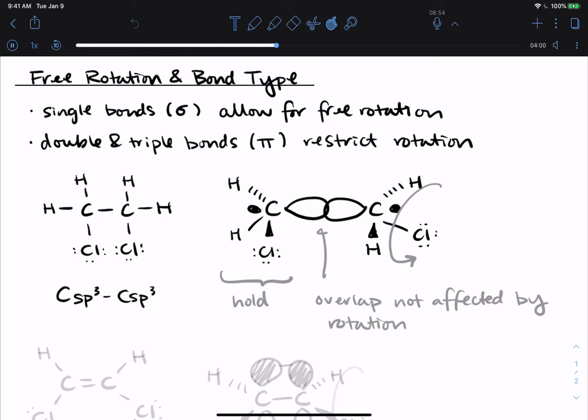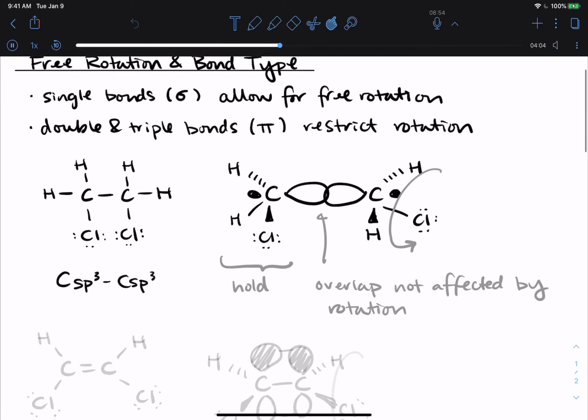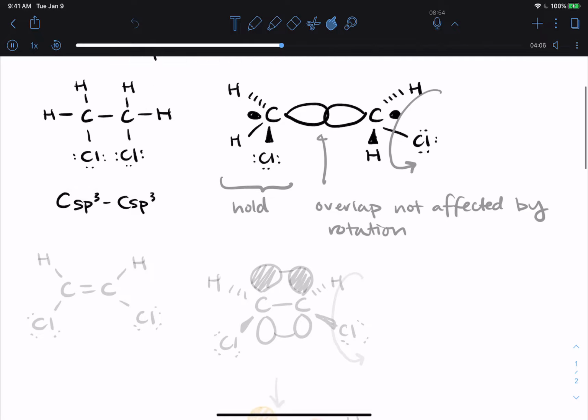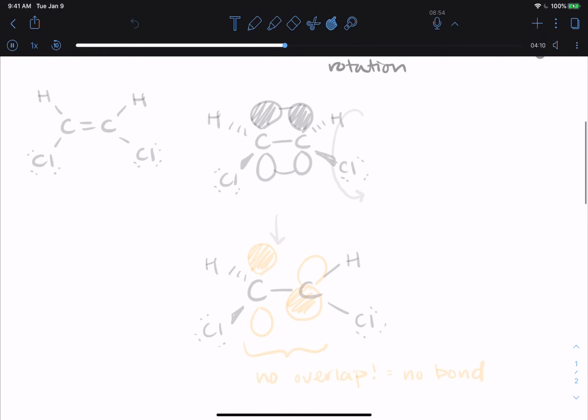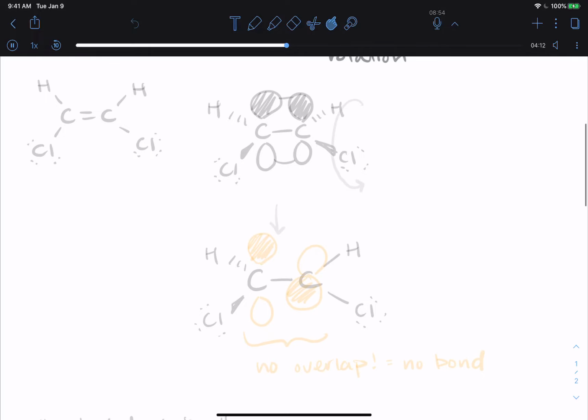All right. Let's look at the version of this molecule with a double bond. Now, this will also happen with triple bonds, but it will be for the exact same reasons. So if we do CHCl, I'm going to put my two hydrogens up top, and this time put my chlorines on the bottom.